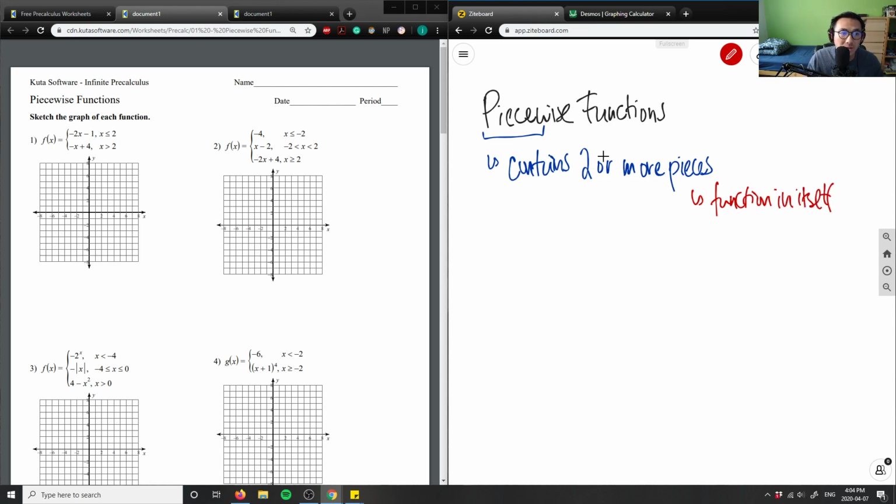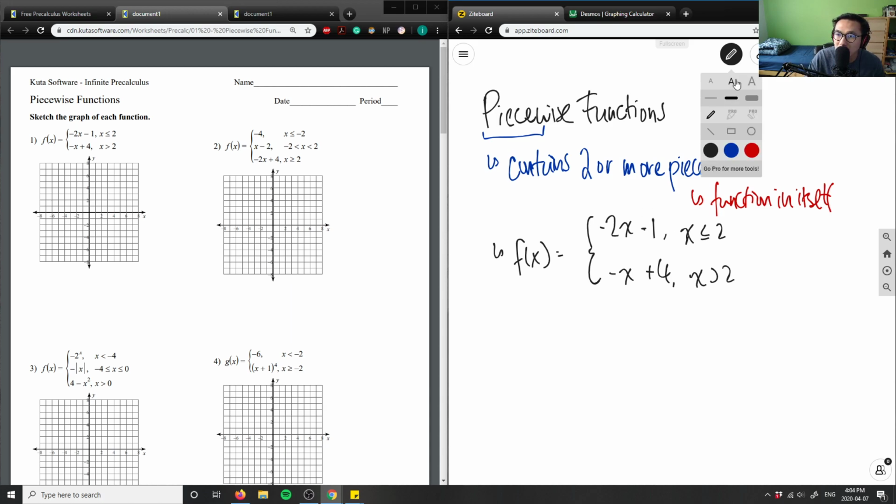If you look at, for example, question 1 here, you see I have this squiggly line. So let me define this for you first. Number 1 is f of x equals, and you see this squiggly line, and you have negative 2x minus 1, comma, x is less than 2, and then you have negative x plus 4, comma, x is greater than 2.